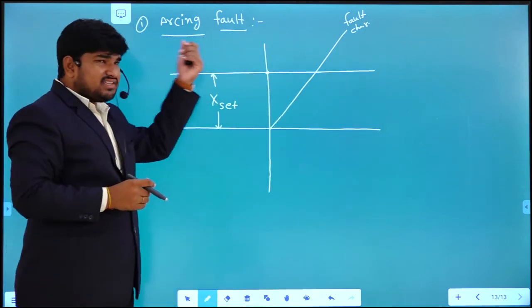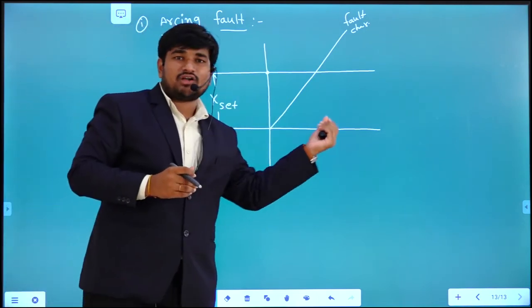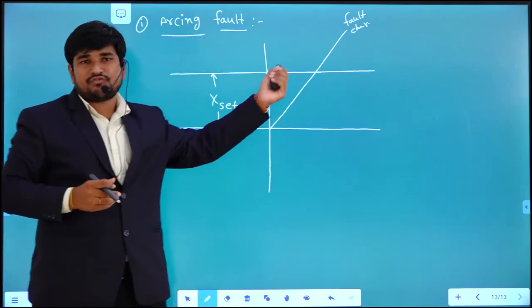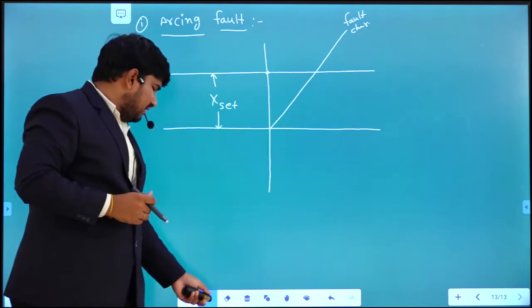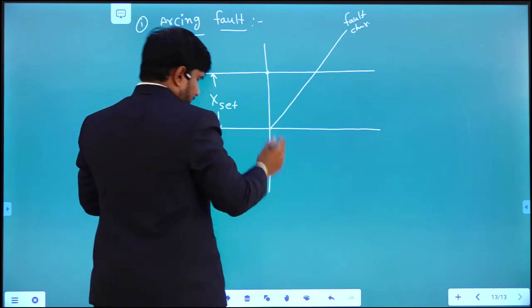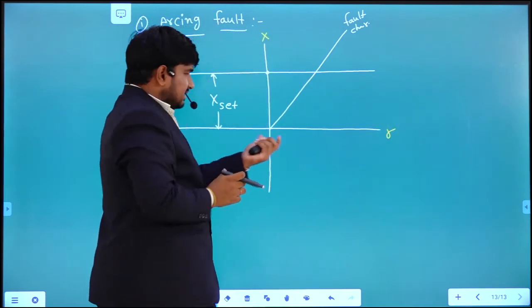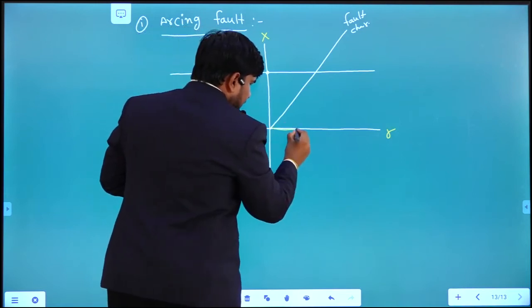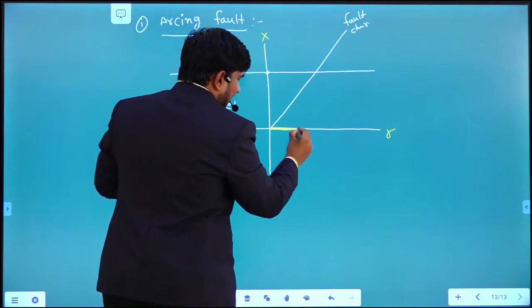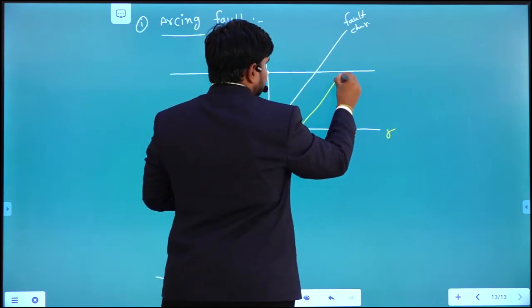Now because of arcing, what happens? The arcing resistance is also added along with this fault characteristics, right? So I will represent the same. This is R, this is X, right? Some amount of resistance will be added to this fault characteristics.